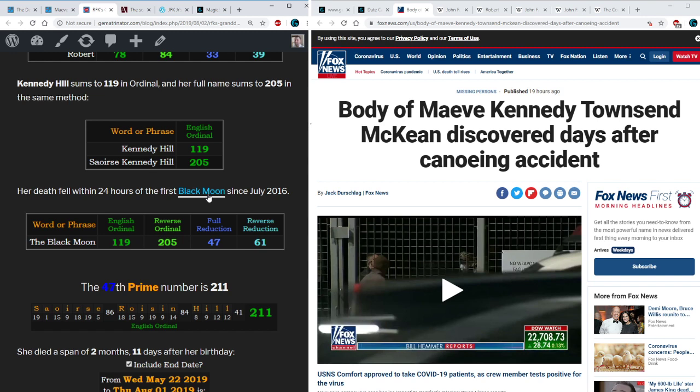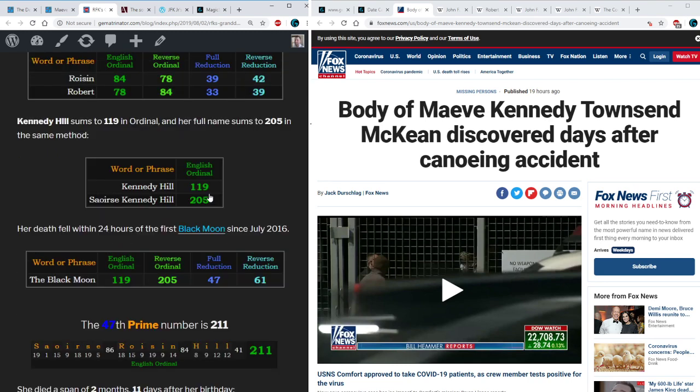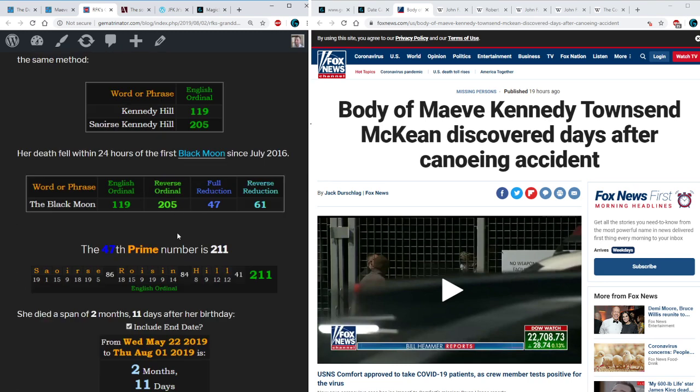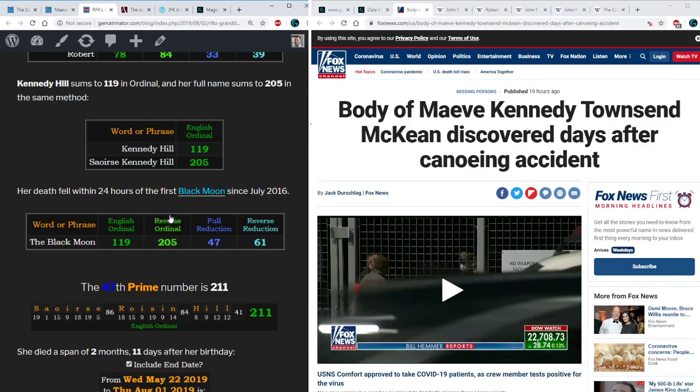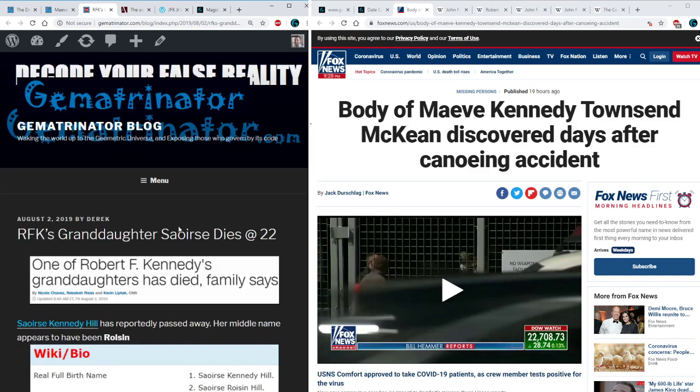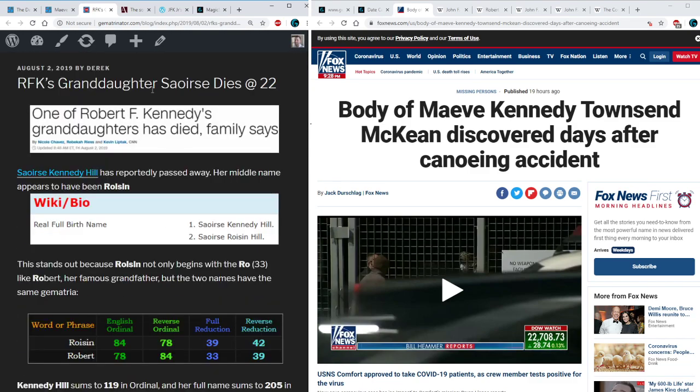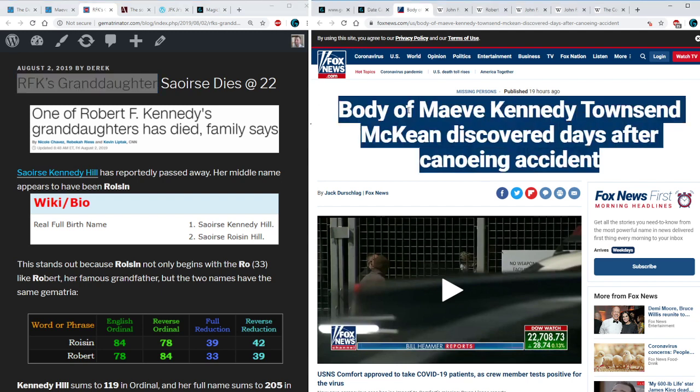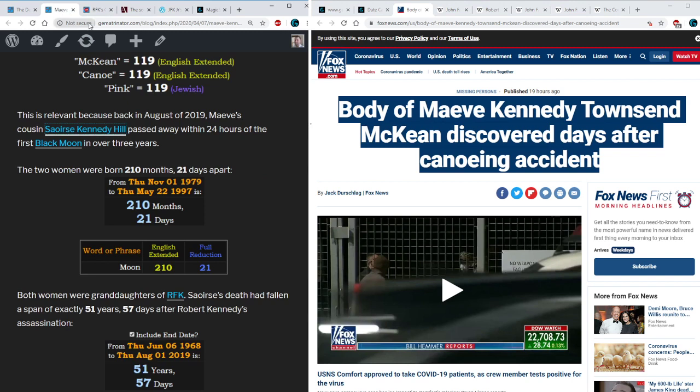It was actually the first black moon in over 3 years. And the black moon lines up perfectly with the gematria of Saoirse Hill and the numerology of her death. And now we get the death of another granddaughter of RFK, and it's the day before the largest supermoon of the year.